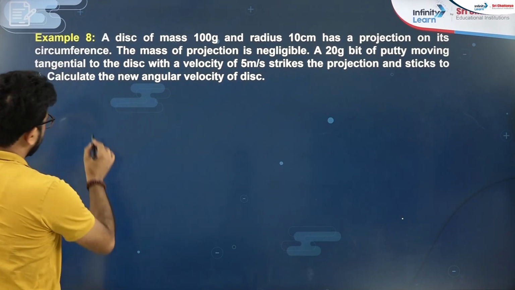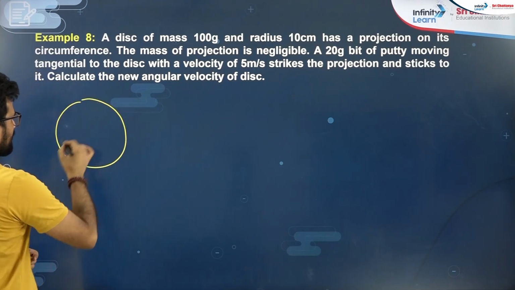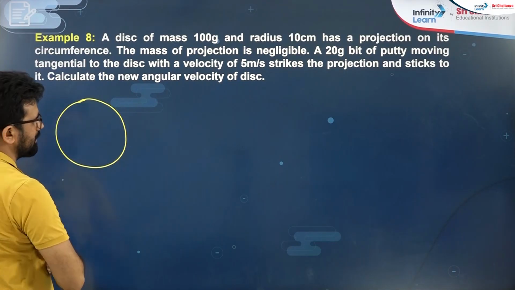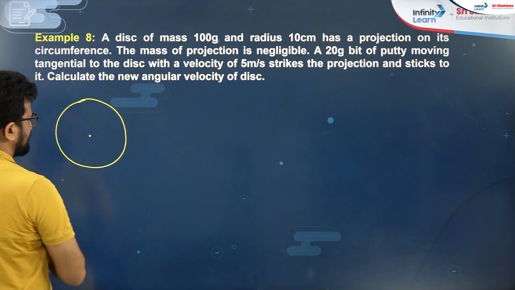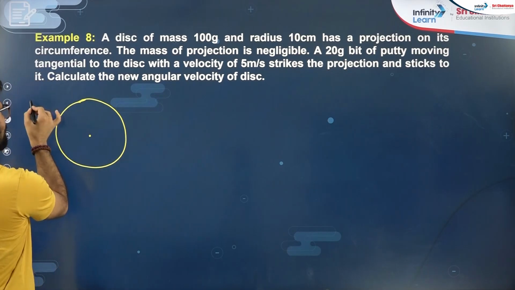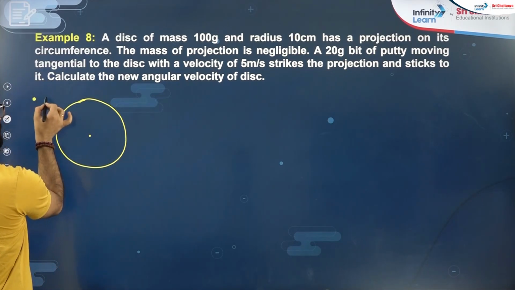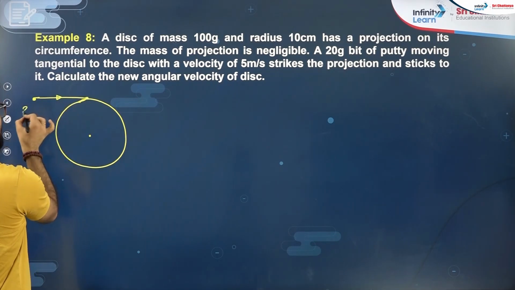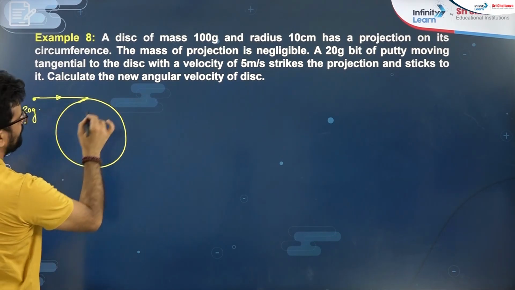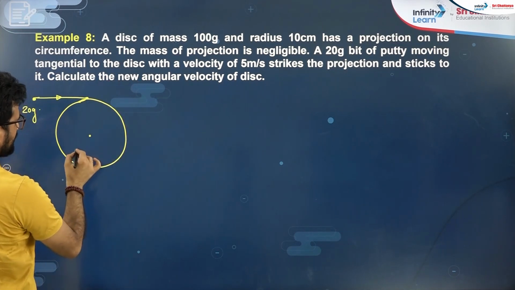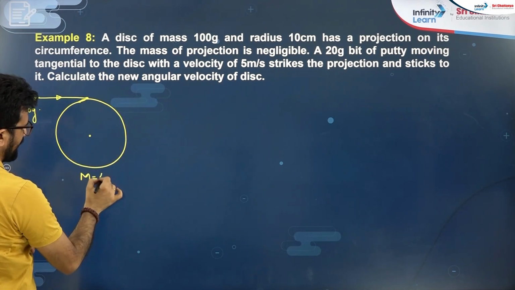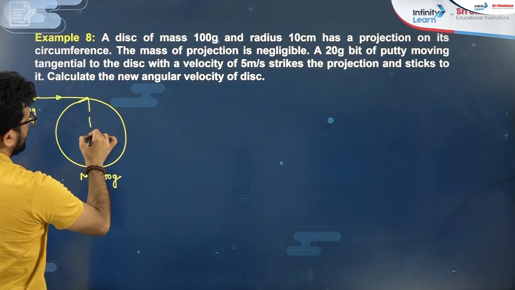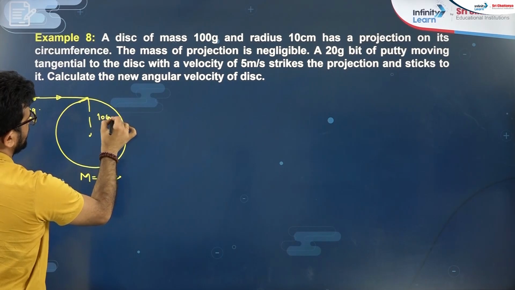Try to focus. Suppose this is the disk, and the outer line we are saying is its projection. One putty is coming tangential to this part. It's a 20 gram putty, and the mass of the disk is given as 100 gram, and the radius of the disk is given as 10 centimeter.